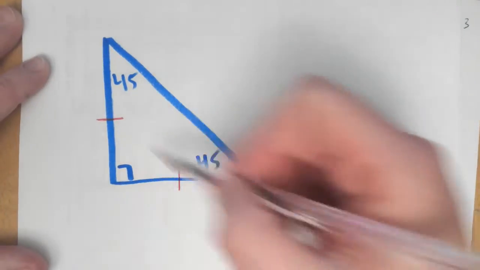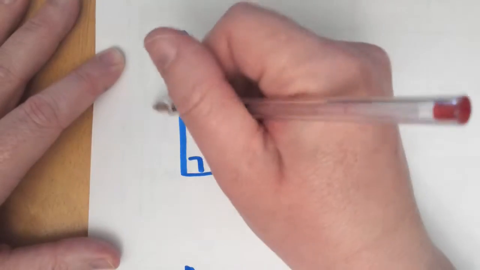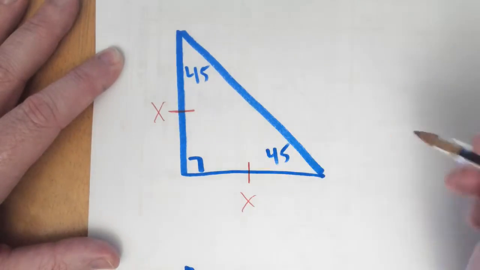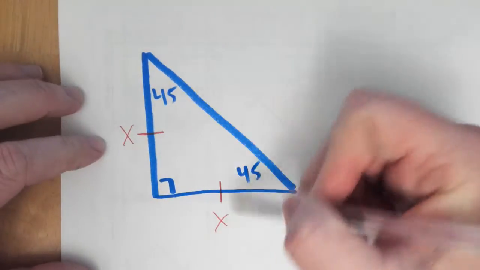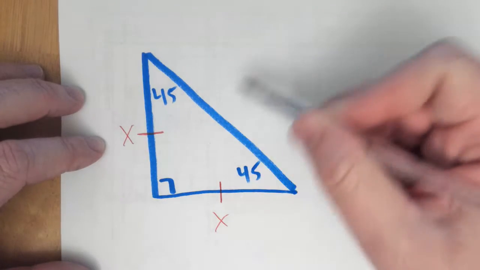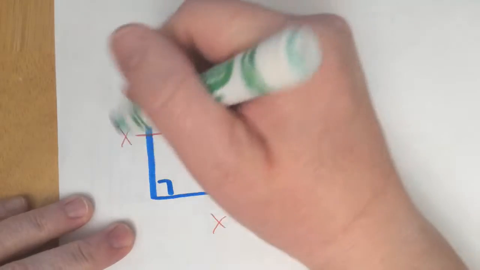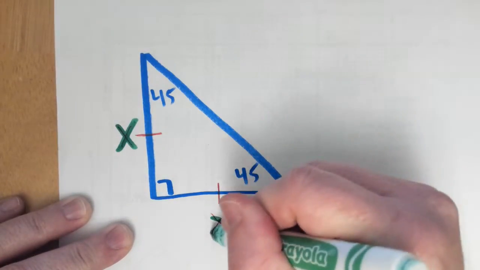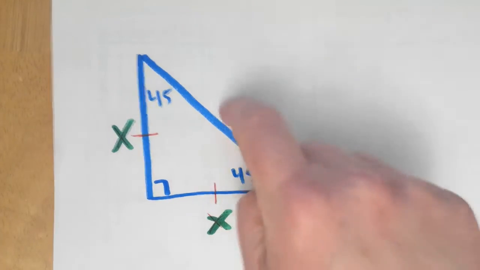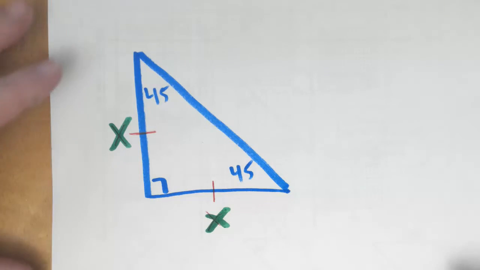So let me turn this here. If these two are equal, let's call this x and let's call this x. The question is, what would be this leftover side right here? How do you find this other side?